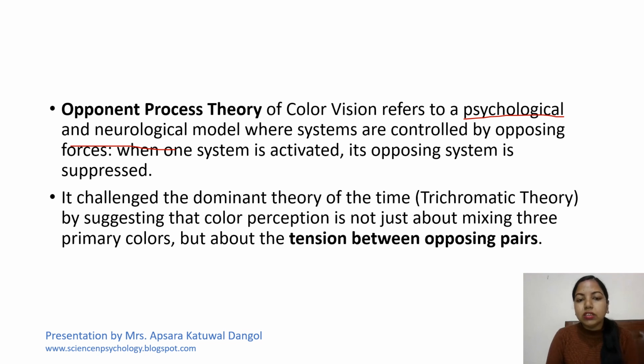It challenges the dominant theory of the time, trichromatic theory, by suggesting that color perception is not just about mixing three primary colors, but also about the tension between opposing pairs.